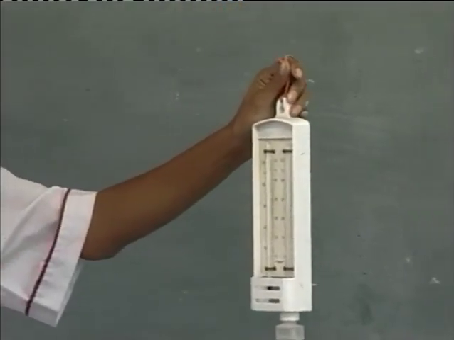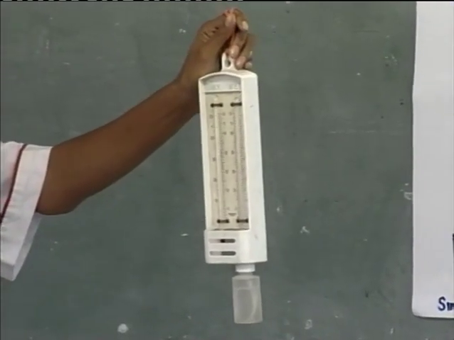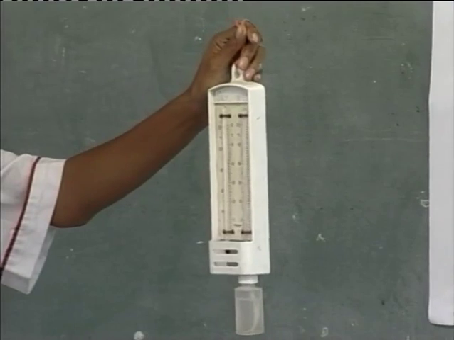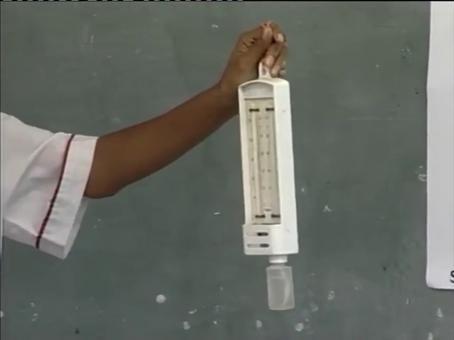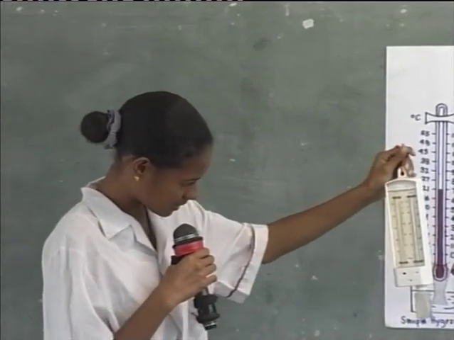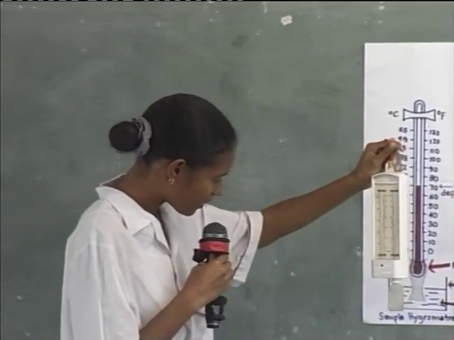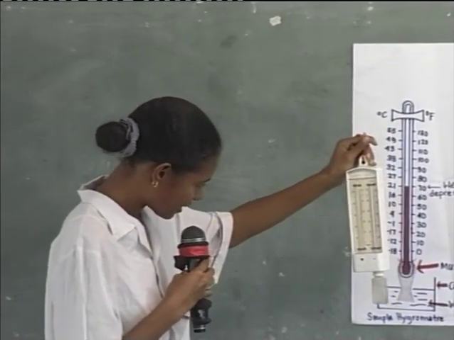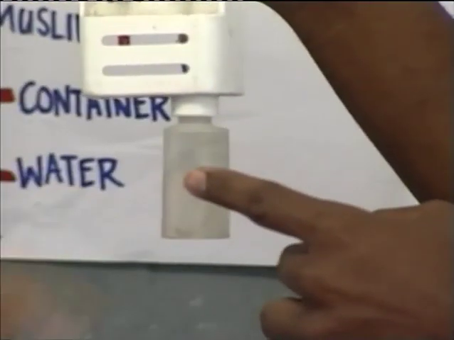The hygrometer consists of two ordinary thermometers. One is called the dry thermometer and the other is the wet thermometer. The wet thermometer has a container of water that sits at the end of the bulb of the wet thermometer.